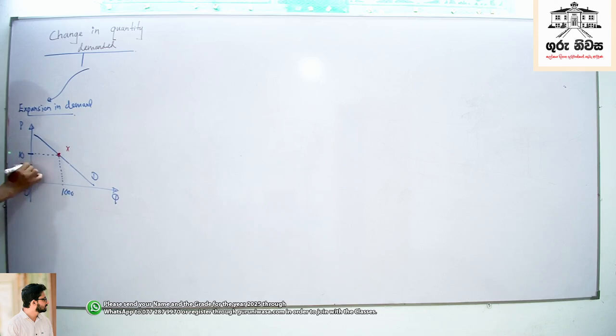Just imagine, Lamai. Now what happened? Do people buy the same units or more than previously? More than previous. Yes. Then you can say this point X is moving to point Y along the demand curve.